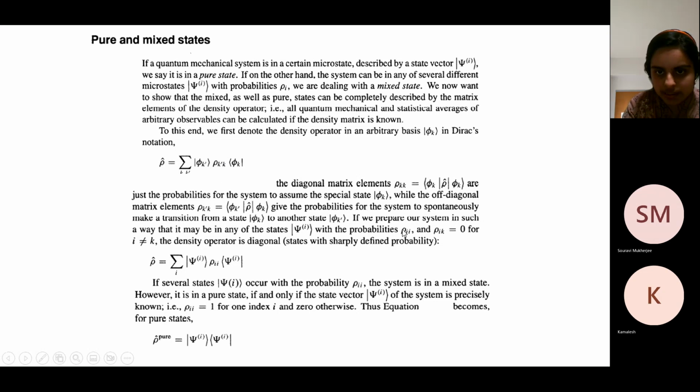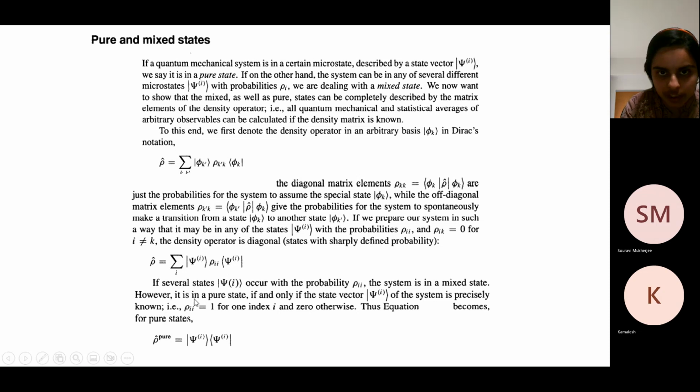So in this case, if you prepare your system in such a way that it may be in any of the states phi i with probability p_i, and rho ik is 0, you can write it by this expression here. That means there is no interchange, it's not changing from one basis vector to another, but it can be in different basis vectors with different probabilities.